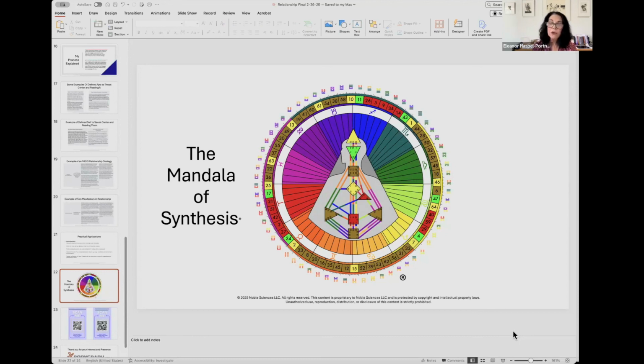So I don't use type as limiting. It is not a limitation on somebody. Remember, every single one of these 64 gates and channels is active in every human being when they're born. There's nothing missing.